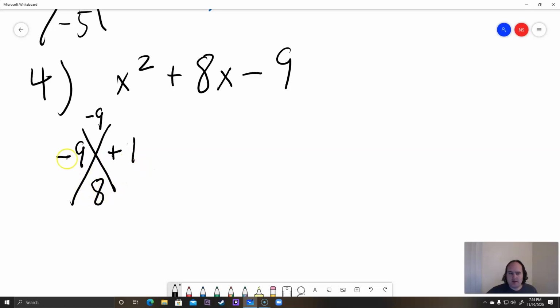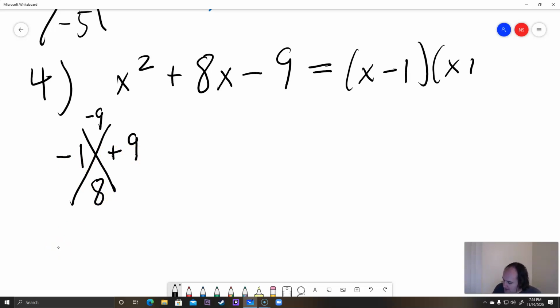But we want positive 8, so we've got to switch the order around. So we're actually going to be doing negative 1 and positive 9. Because negative 1 times 9 gives you negative 9, but negative 1 plus 9 gives you positive 8. Okay, so we factored it. So this whole thing factors as x minus 1 times x plus 9.